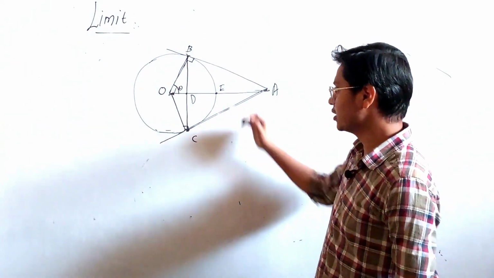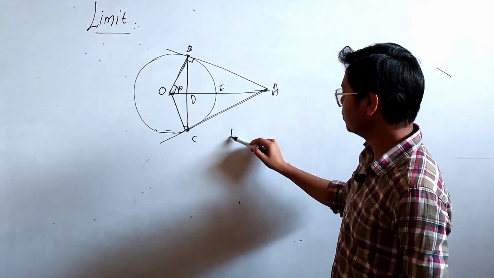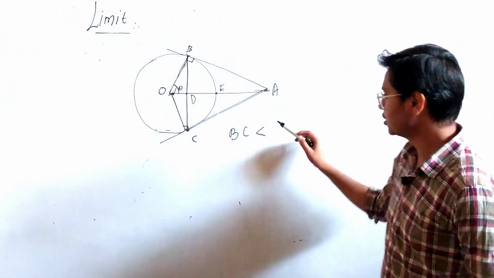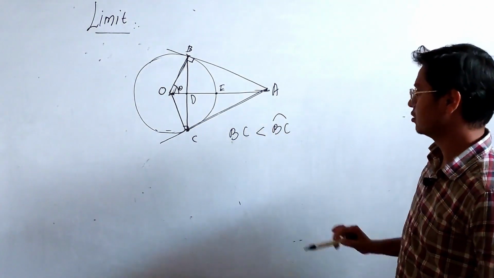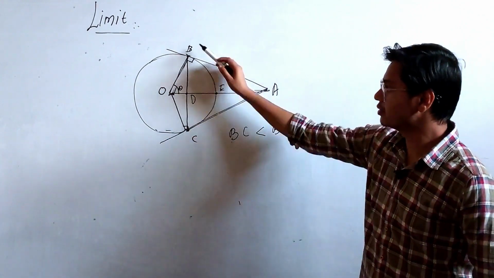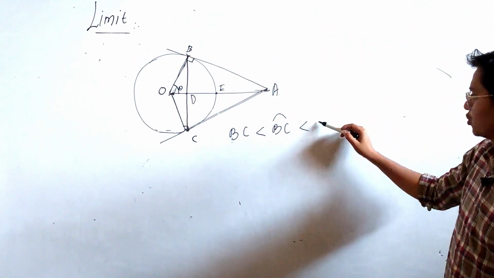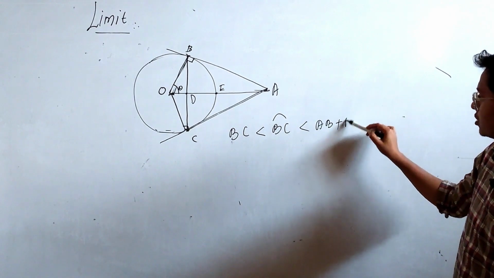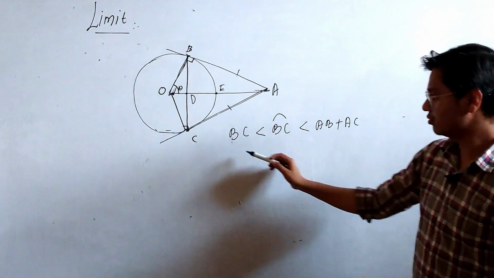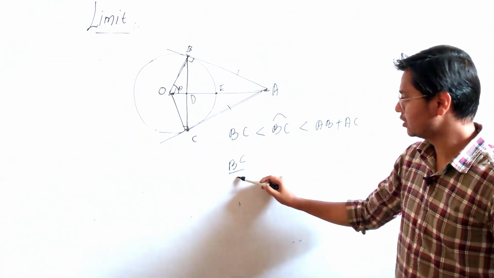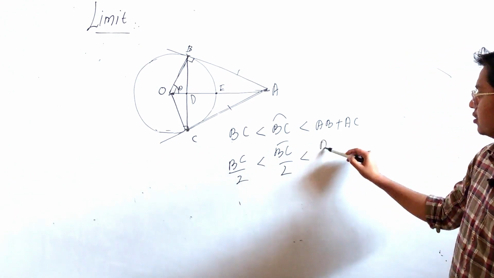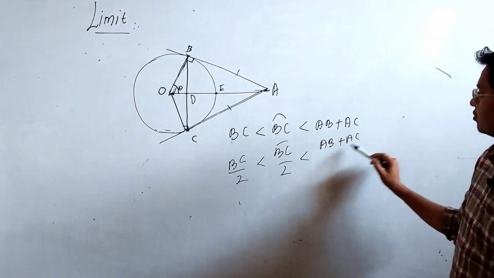In this case, we can say the length of chord BC is less than arc BC, and arc BC is less than the sum of two sides, since the sum of two sides is greater than the third side in triangle ABC. So we can say AB plus AC, and we know that AB is equal to AC. If we divide by 2, then that will become BC divided by 2 is less than arc BC divided by 2 is less than AB plus AC divided by 2.